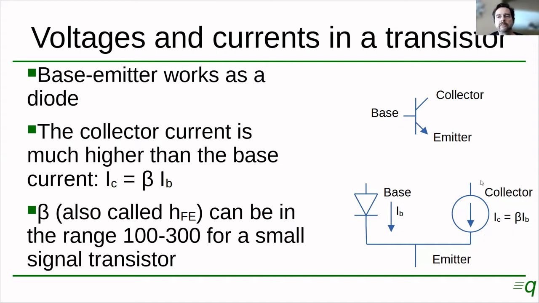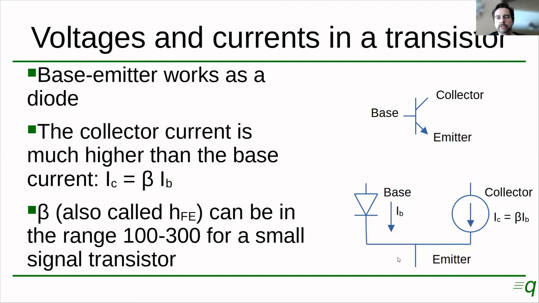So this device works as having a constant current source between the collector and the emitter, whose value is beta times the base current, okay? And remember, beta is maybe 100, 200, or 300, right? So the current through the collector is many times higher.